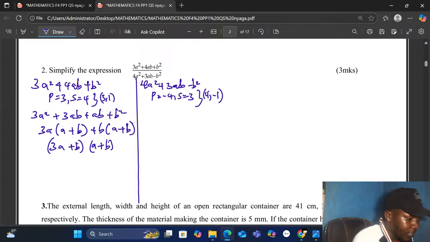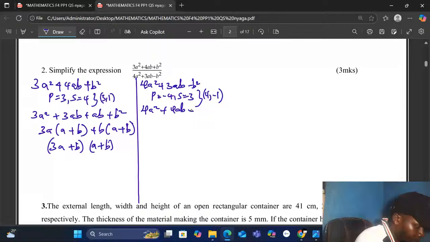We shall have 4a squared plus 4ab, and then minus ab minus b squared.